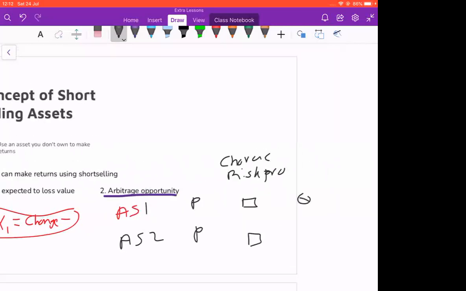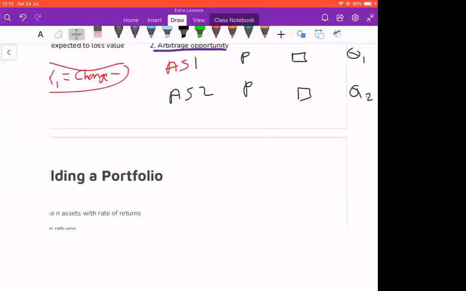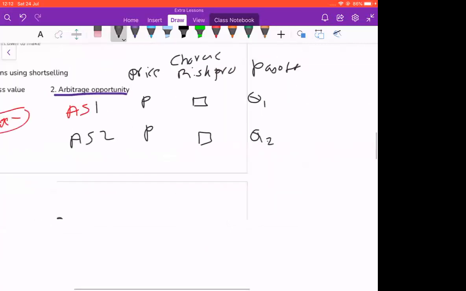Let's say the payouts are going to be Q1 and Q2. So the payouts are different, right? This one is the payout or payoff, and this one is the price. So the prices are the same, and the payouts are different. So how will you take advantage of this opportunity?